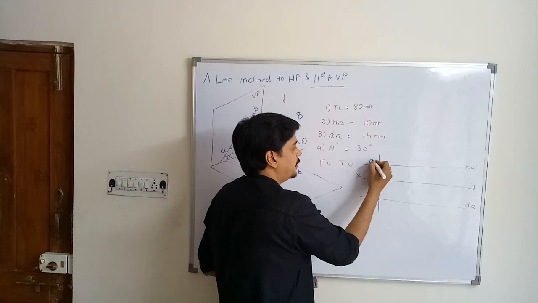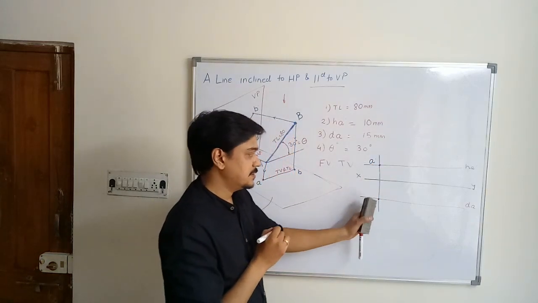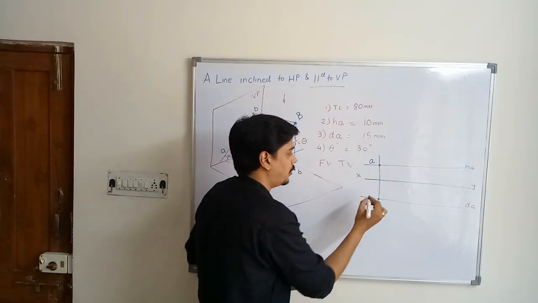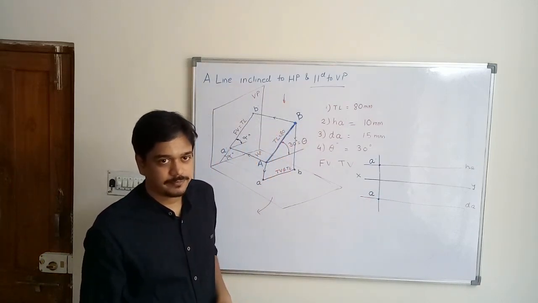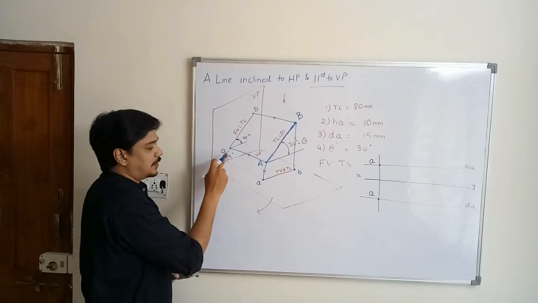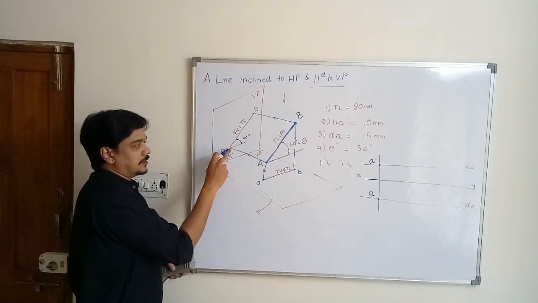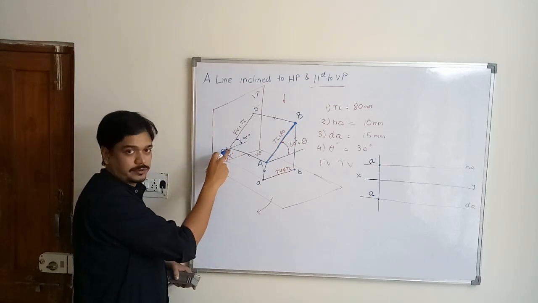So this point will be termed as A dash, and since this point is a top view, this point will be termed as A. So you have got the starting point of the problem.